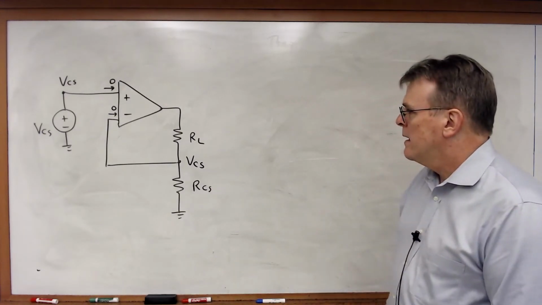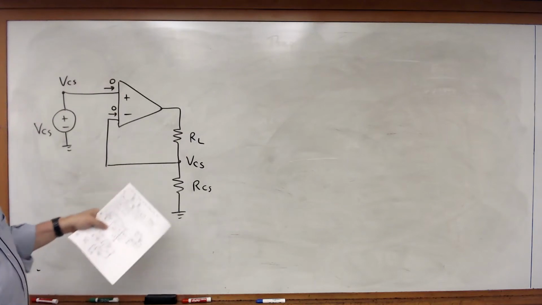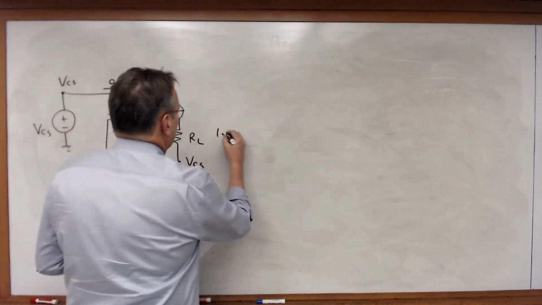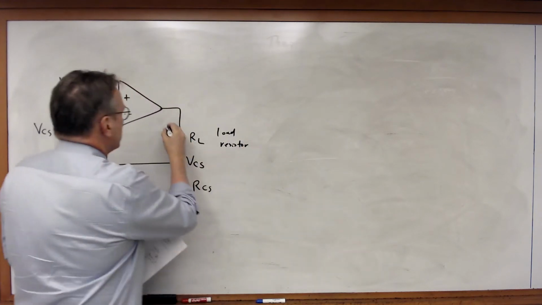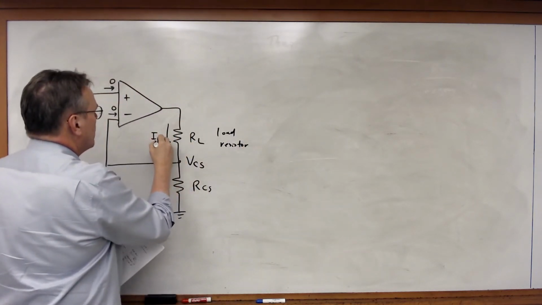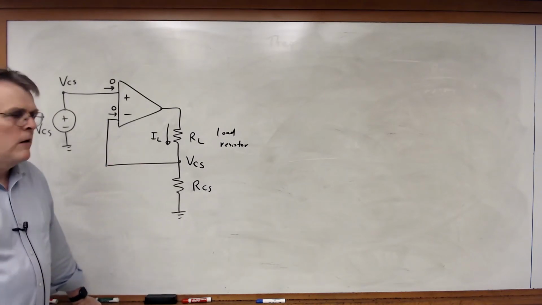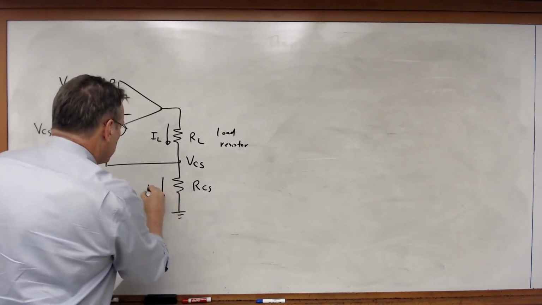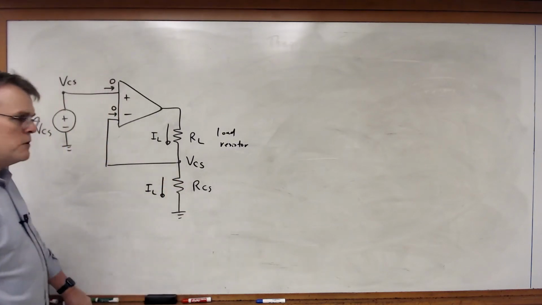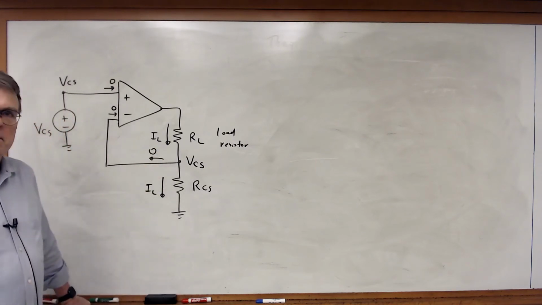All right. Now, I've got a load resistor, R sub L, here. I've got a current I sub L flowing through that load resistor. I'm going to define that current. Clearly, I sub L must also be the current through this resistor too, because I know that that current must be equal to 0.